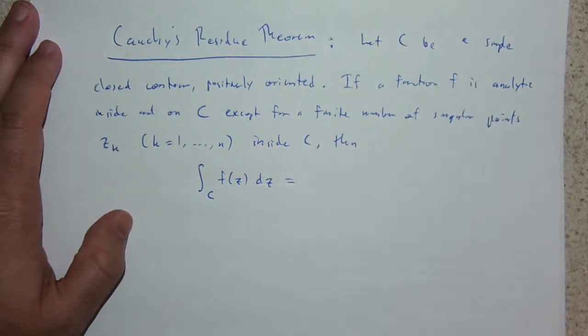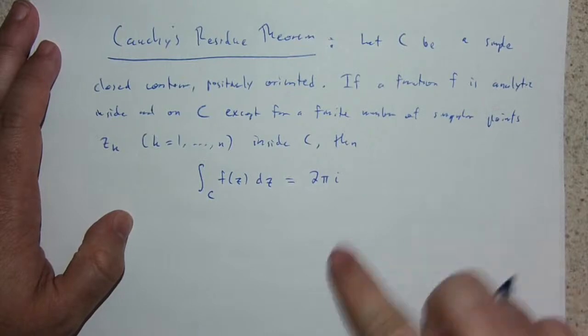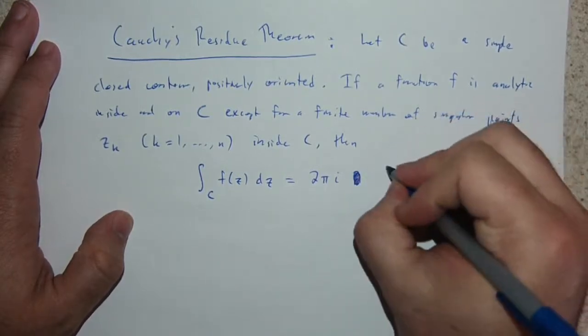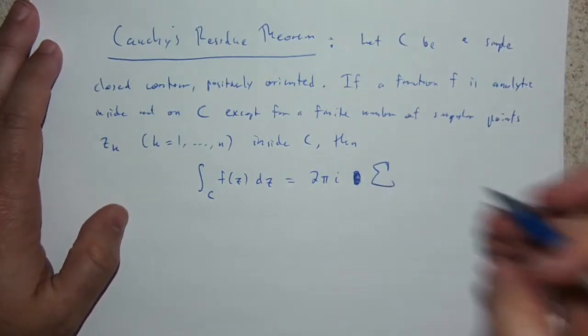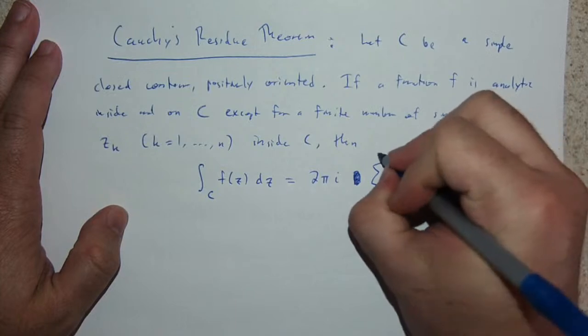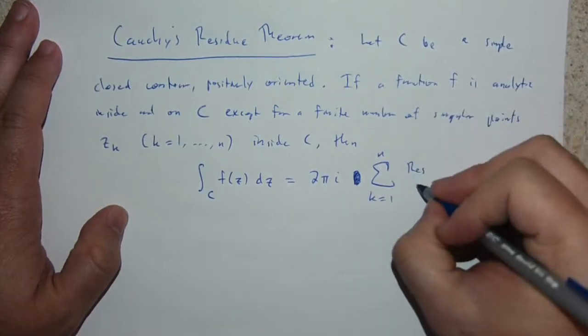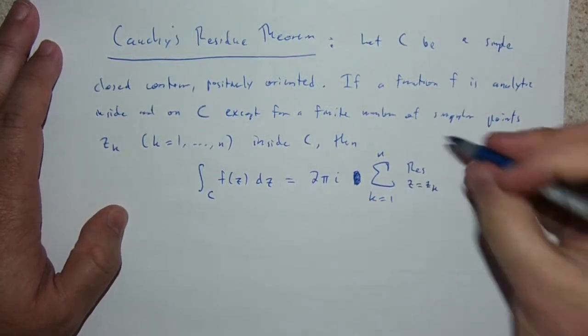over this contour C of f can be computed as 2 pi i times the sum of the residues. So the sum from k equals 1 to n of the residues at the z sub k's.